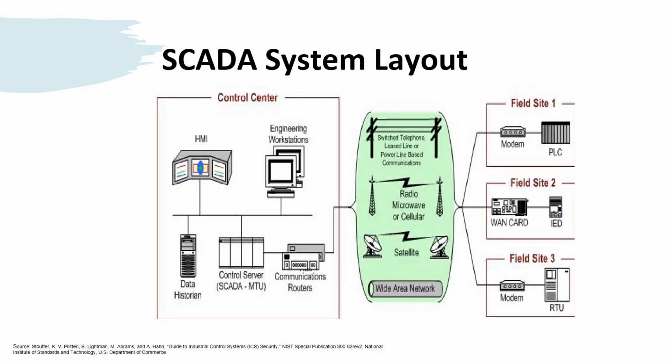An example SCADA system layout depicted in the figure below shows the components and general configuration of a SCADA system. The control center, which collects and manages field data, includes the network routers, the HMI, engineering workstations, and the data historian. The field sites may include the PLCs, the IEDs, the actuators, and the data gathering sensors.